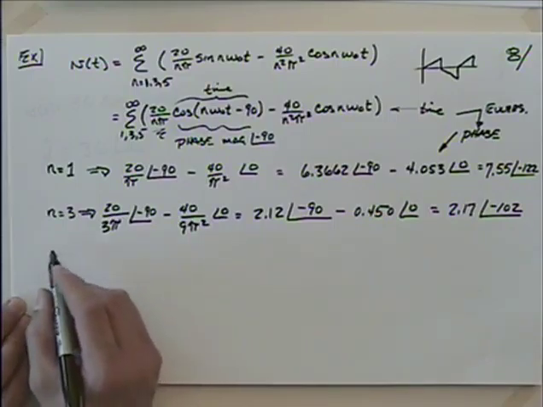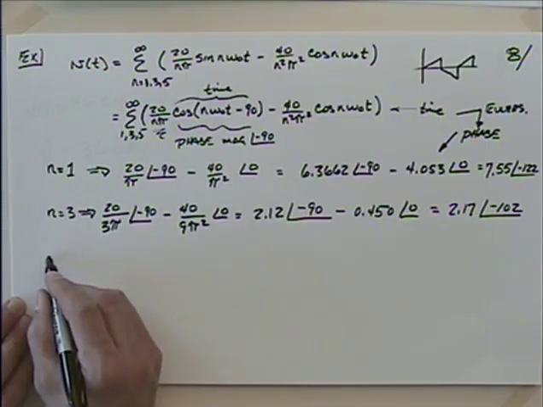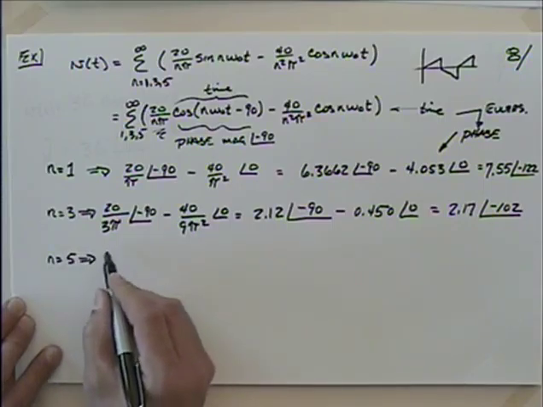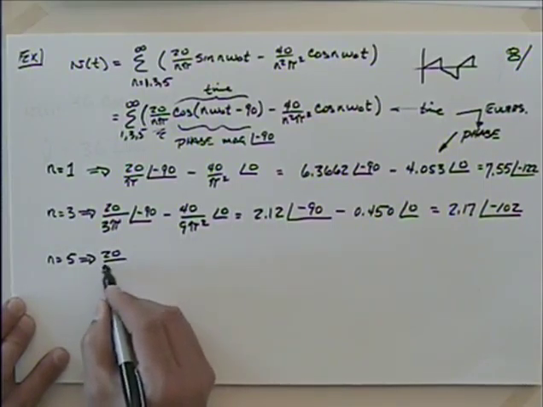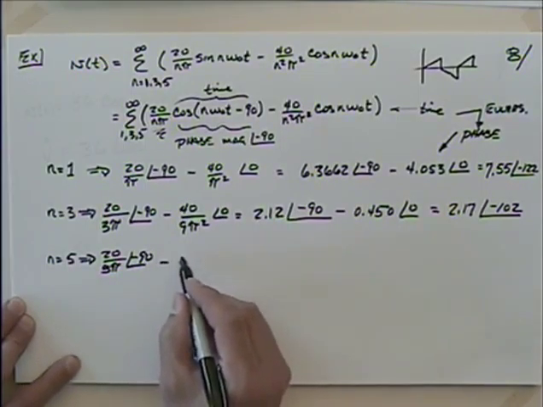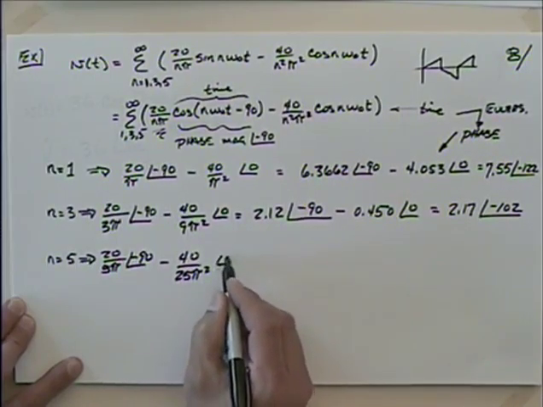So let's see. I don't know, did I say 3 or 4 terms? We'll do one more term. So we'll do n is equal to 5. That would be 20 divided by 5 pi at minus 90 minus 40 over 25 pi squared at 0.